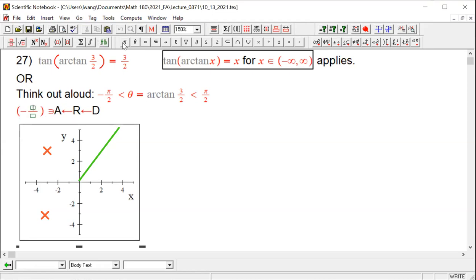All these notations are just for convenience. If you understand them, it's going to help you express things. So we're looking for the A, we know the D, and the D ratio is 3/2. And from analysis, we know the terminal is going to be in the first quadrant because it's a positive ratio.